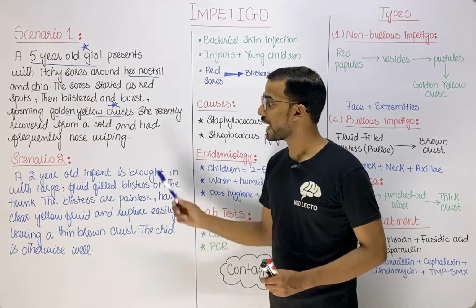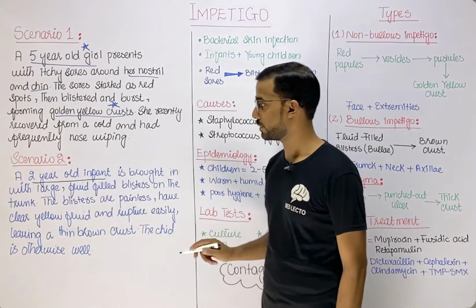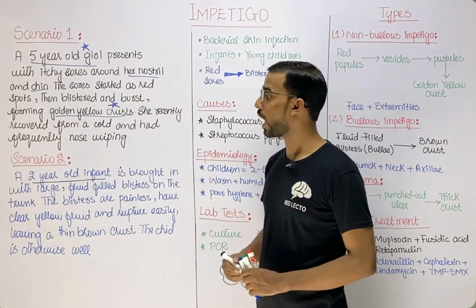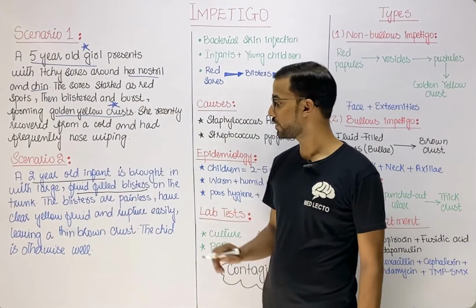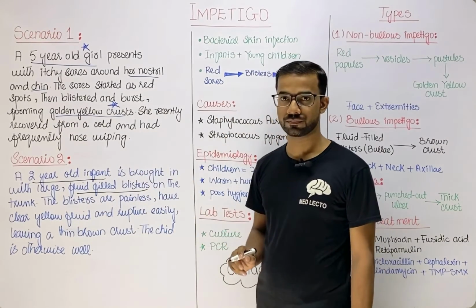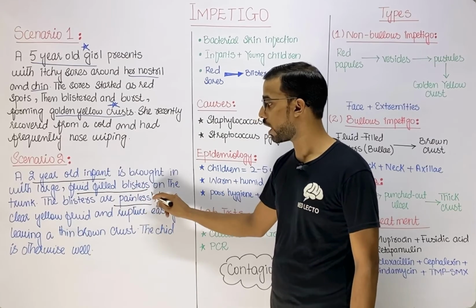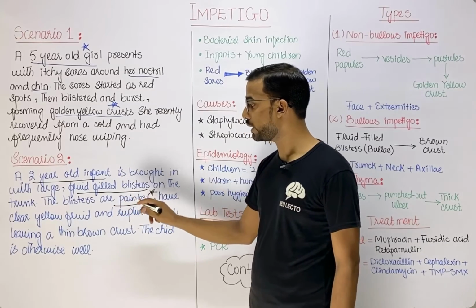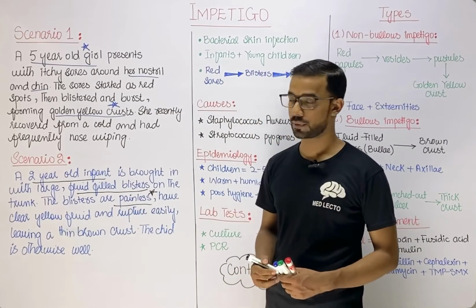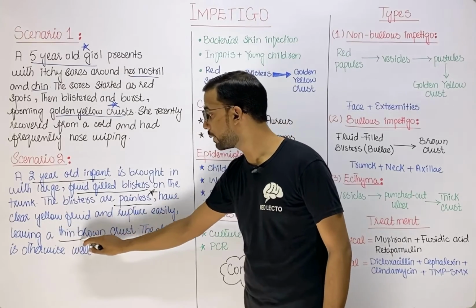Okay, the next scenario is a 2-year-old infant brought in with large fluid-filled blisters, also known as bullae, on the trunk. The blisters are painless. There is no pain in the blisters, they have clear yellow fluid and rupture easily because of their large size, leaving a thick brown crust.